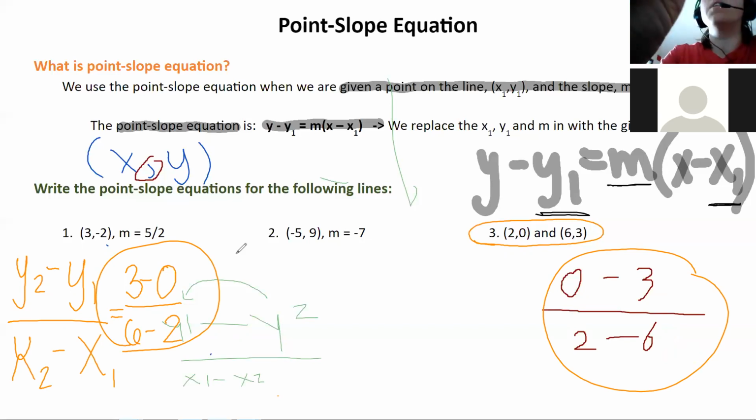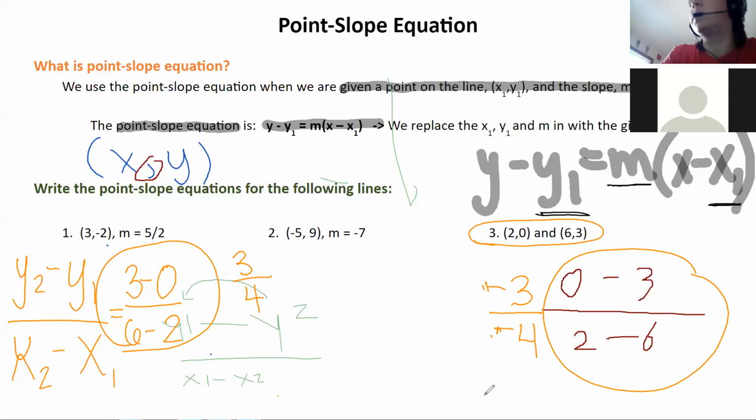We're going to get 3 over 4, right? And in this one, we get -3 over -4. But what's going to happen to those two negatives? They're going to turn positive, right? So we get a slope of 3/4. Great job, you guys. Good work.